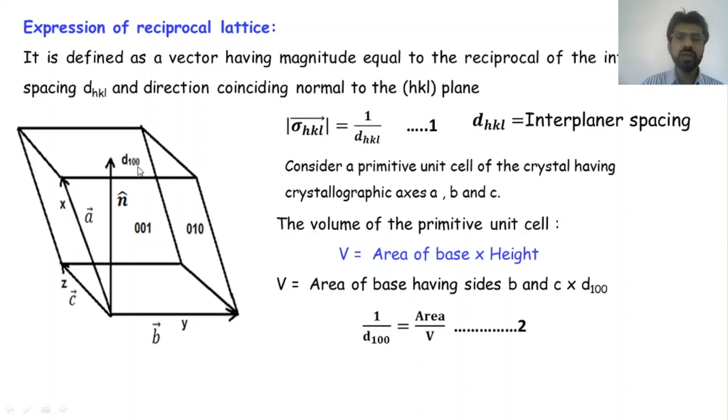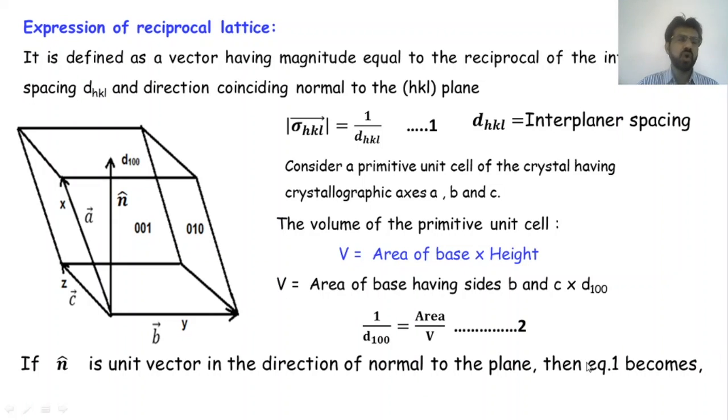Therefore we can write 1 upon d100 is equal to that area divided by the volume. If we draw the unit vector n in the direction of the normal to the plane, then this equation 1 becomes, in terms of the unit vector, sigma HKL is equal to 1 divided by d HKL into the unit vector.